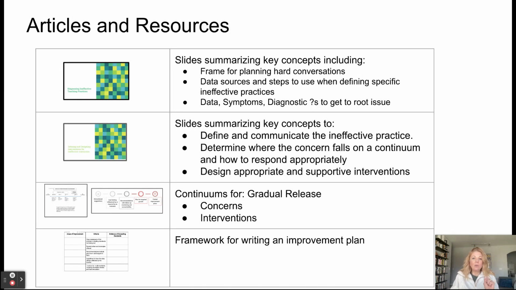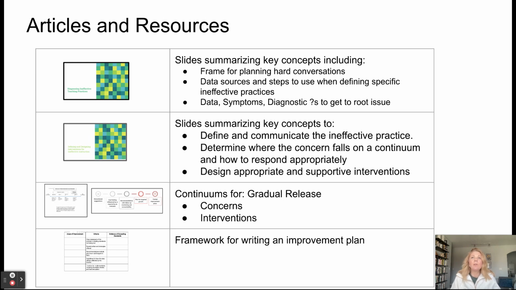And so you're going to use the data that you're collecting and the data connected to those symptoms. And then you're going to start asking yourself some diagnostic questions to really get to the root issue. And so this is something that you will internalize over time as a supervisor or evaluator.